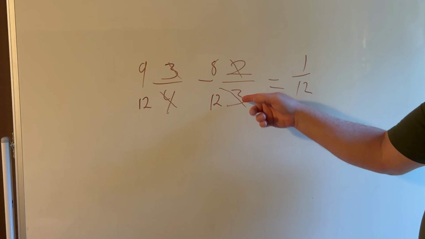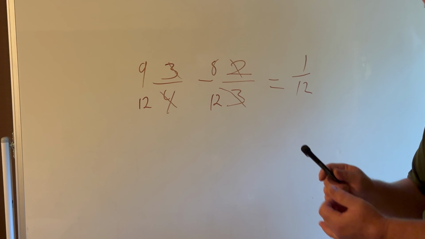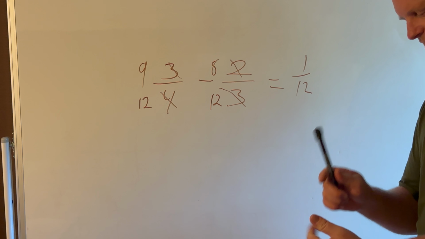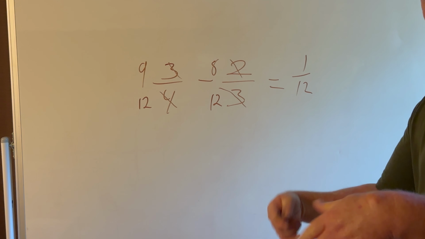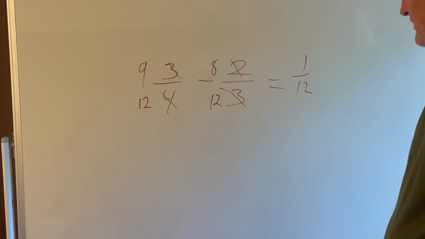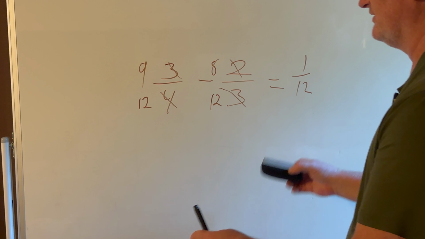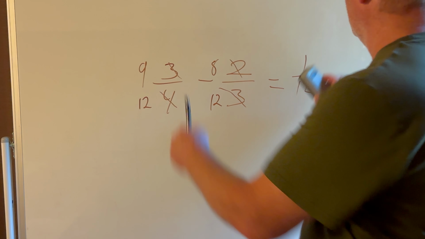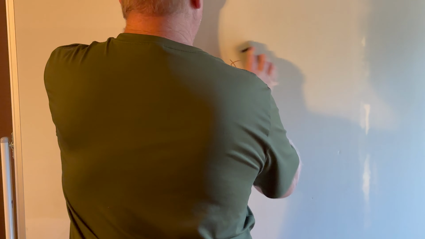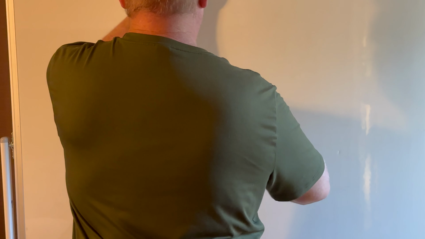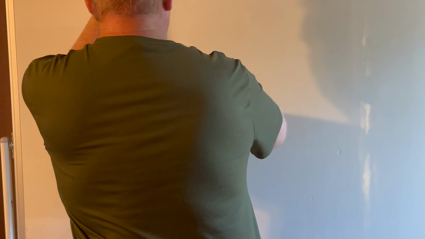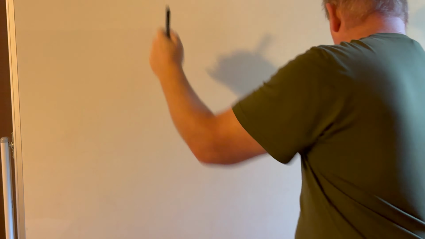Like I said, thirds go by 3, 6, 9, 12. The thirds screw everything up. Again, that's why we don't go by thirds. It's a lot harder to think in thirds than it is, right?